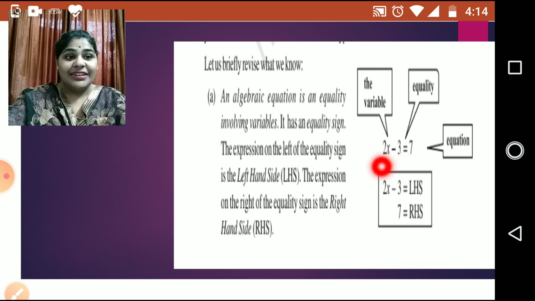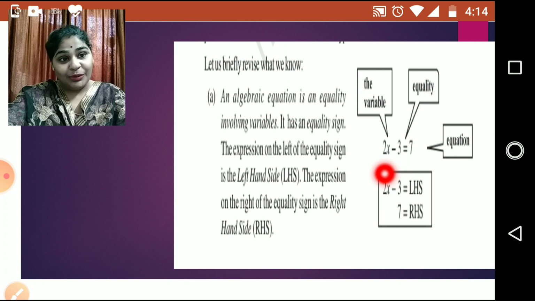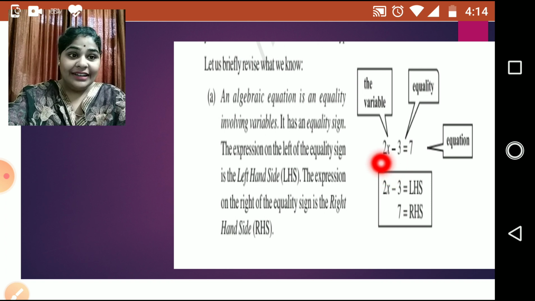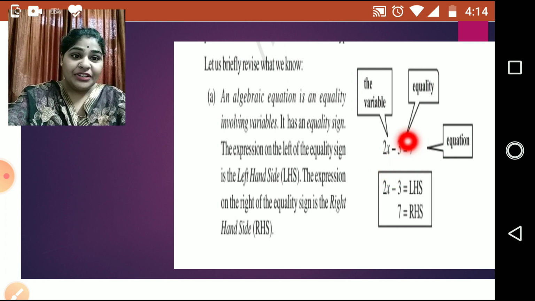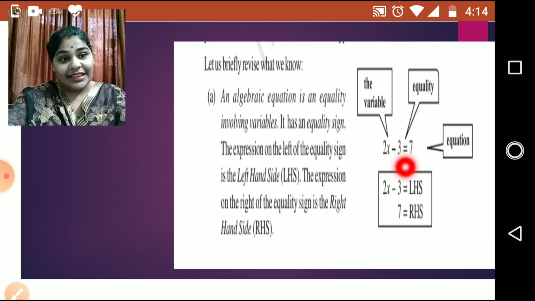The expression towards the left of the equality sign is known as LHS, that is left hand side, and the expression on the right of the equality sign is known as right hand side. So here 2x minus 3 is on the left hand side and 7 is on the right hand side of the equality sign.